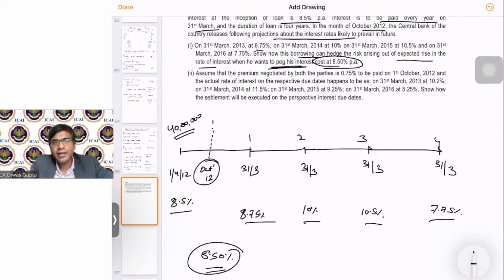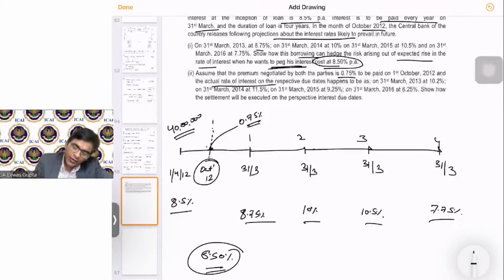And it is clearly evident in the second part when we read it, assume that the premium negotiated by both the parties is 0.75% to be paid on 1st October 2012. So here they've agreed that 0.75% let's pay premium and let's take an interest rate guarantee, which is a cap option.